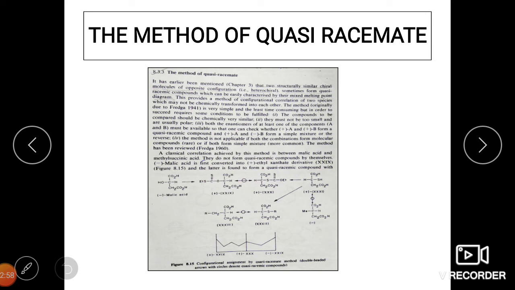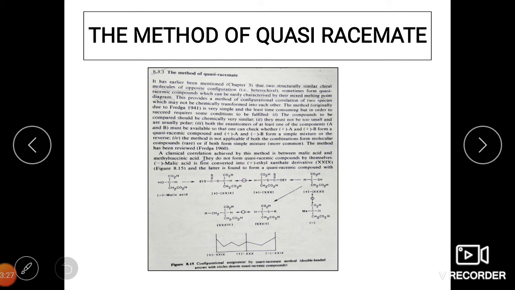The method, which was given by Fredga in 1941, is very simple and the least time consuming, but in order to succeed it requires some conditions to be fulfilled. First, the compounds to be compared should be chemically very similar. They must not be too small and are usually polar. Both enantiomers of at least one of the compounds A or B must be available, so that one can check whether plus and plus form a quasi-racemic mixture or plus and minus form a simple mixture.